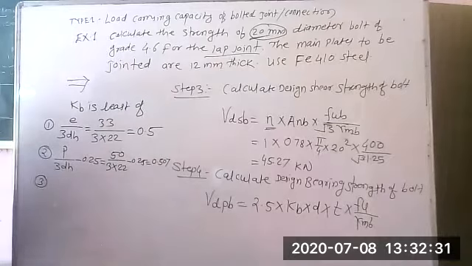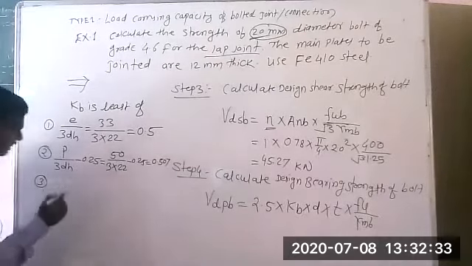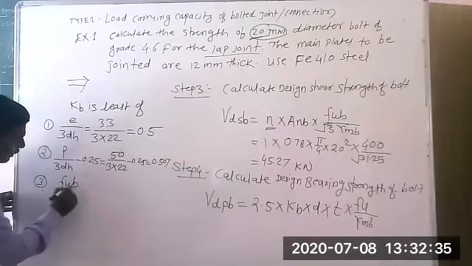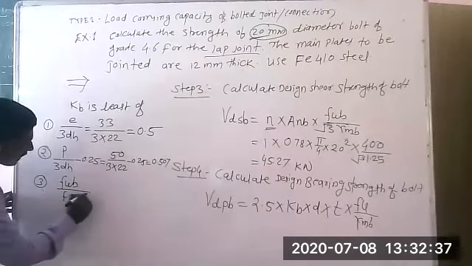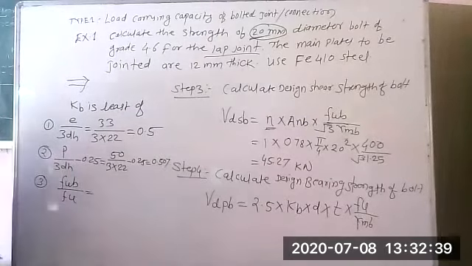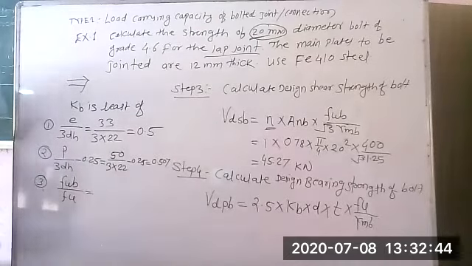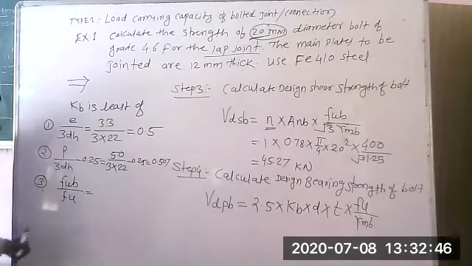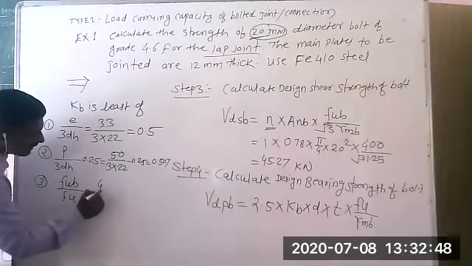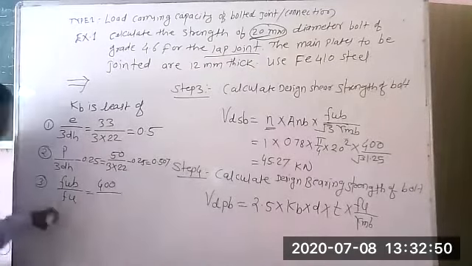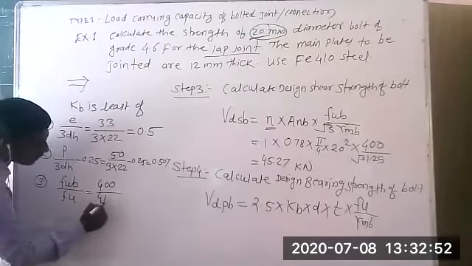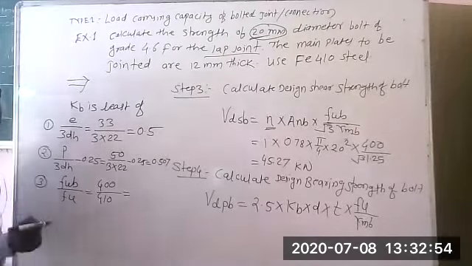Then the third value of KB is FUB divided by FU. FUB is 400 divided by FU, and FU is 410. So calculate it.